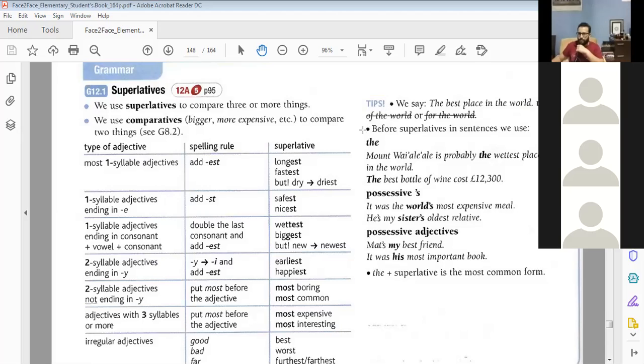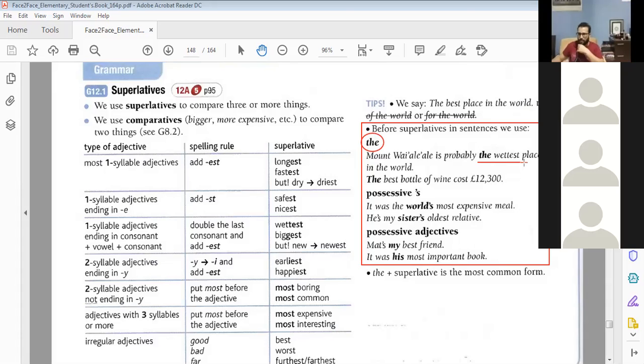Can you read the second tip, Salma? Or Abdullah, you can read the second tip here. Before superlative in the sentence, we use the. Yes. Very important. Mountain is probably the wettest place in the world.